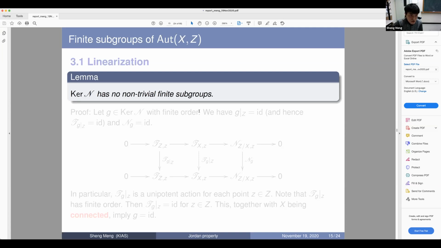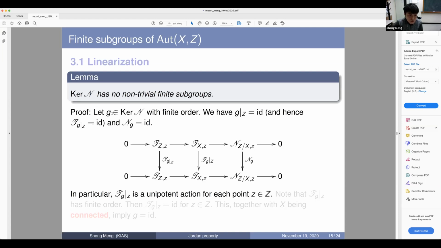The idea is simple. We first pick some g in the kernel with finite order, and then by definition, it means that the third vertical arrow is identity. So in particular, its restriction, descending to the base Z, is also identity, and the tangent map is also identity. So the first and the third arrows are identity maps.